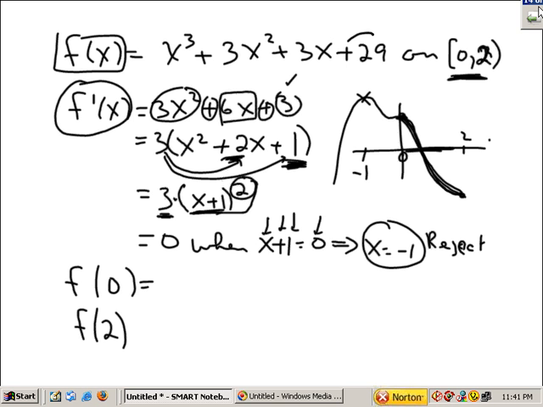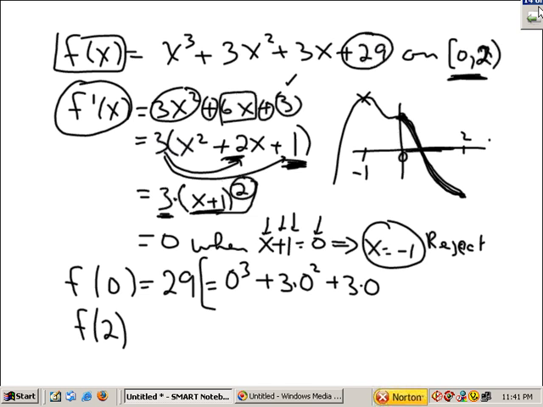And for polynomials, f of 0 is always a constant. Why is that? Because 0 cubed is 0, 3 times 0 squared is 0, 3 times 0 is 0. You add those zeros, you add 29, you get 29.